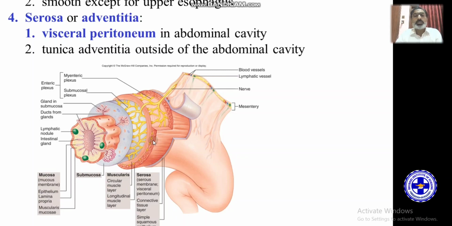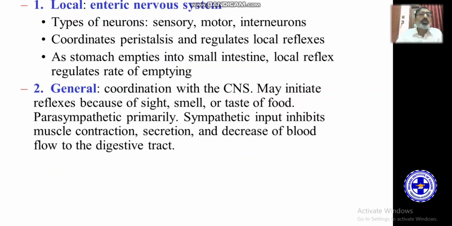If you think about this, it becomes clear how Allah subhanahu wa ta'ala made the wall of the gut, and how each part of the gut performs its actions for digestion.